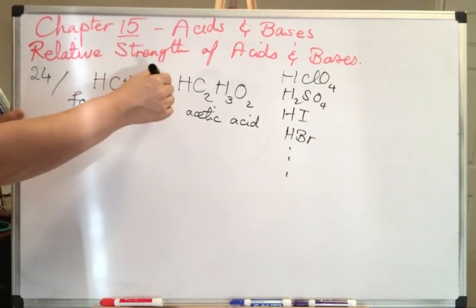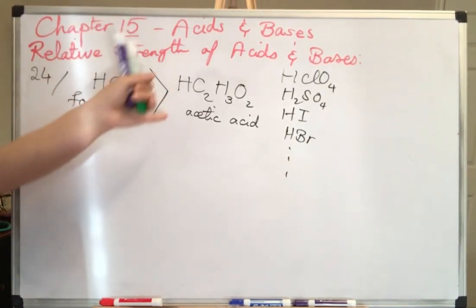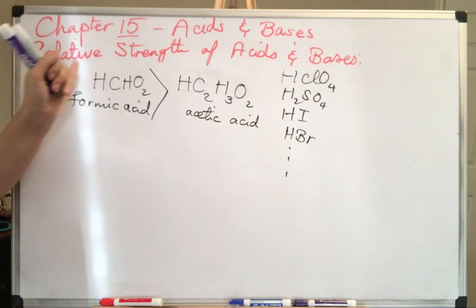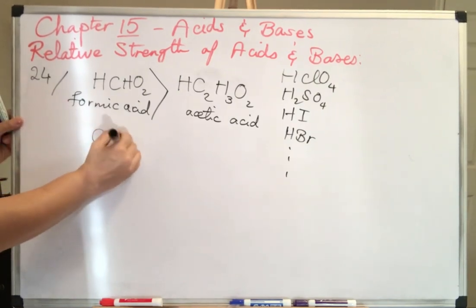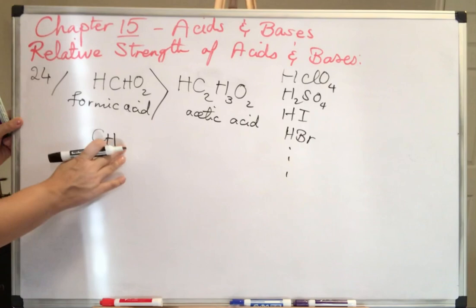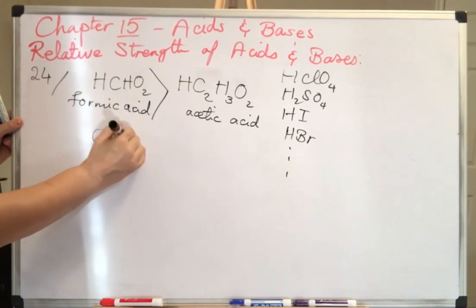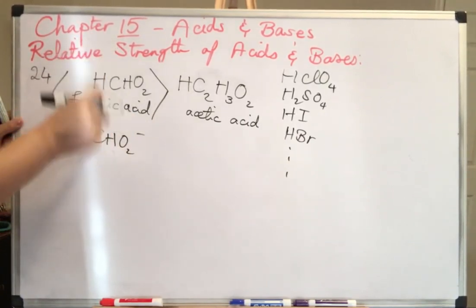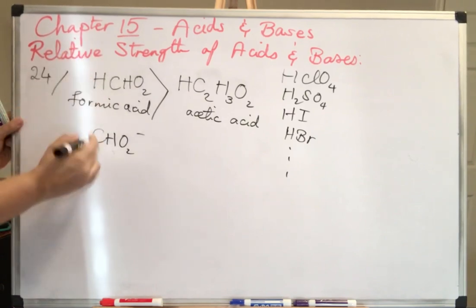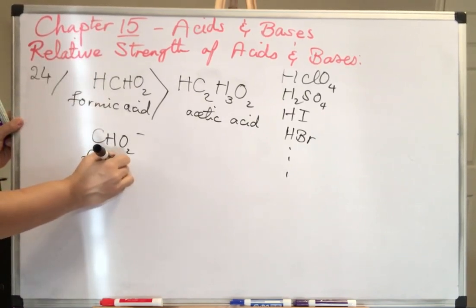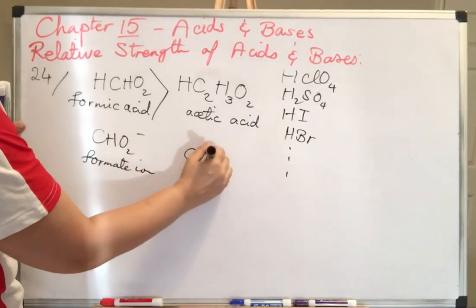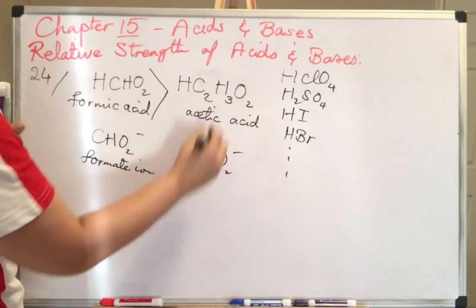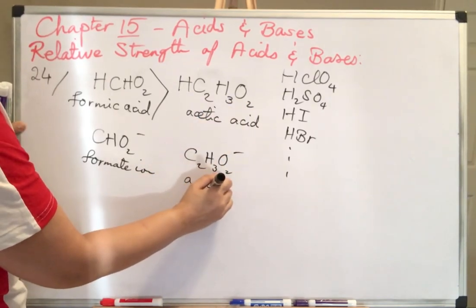So formic acid, let me use a bigger sign to show it's stronger than acetic acid. Which one is stronger? CHO2 with a negative charge, that's the conjugate base of formic acid, right? It's called formate ion. And C2H3O2 with a negative charge is the acetate ion.